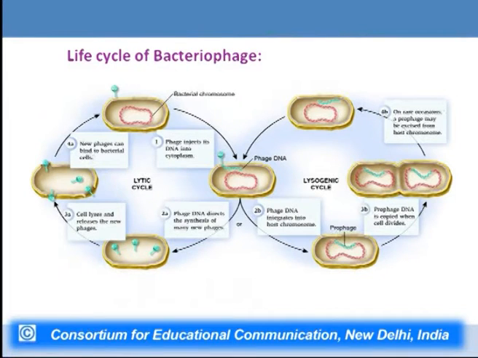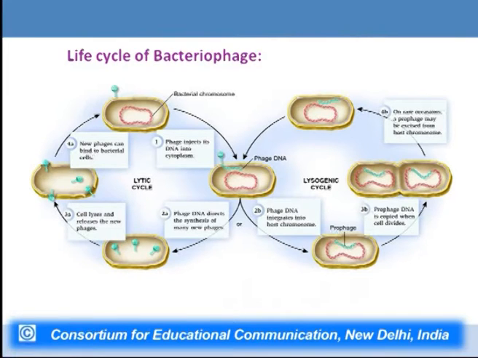Whereas in the case of the lysogenic cycle, the DNA of the bacteriophage gets inserted into a specific region of the host chromosome, and when this specific insertion takes place, then the DNA of the bacteriophage is excised out precisely.